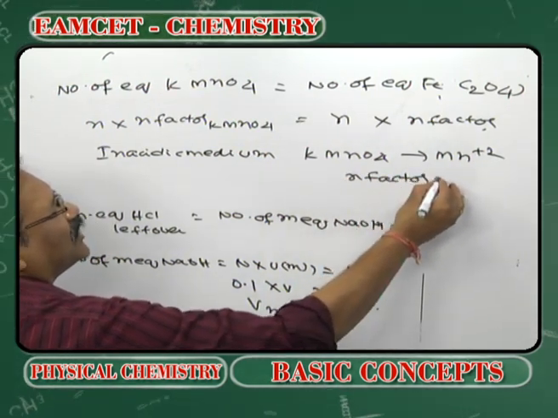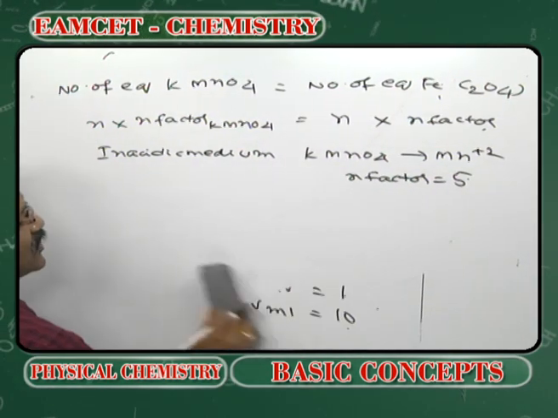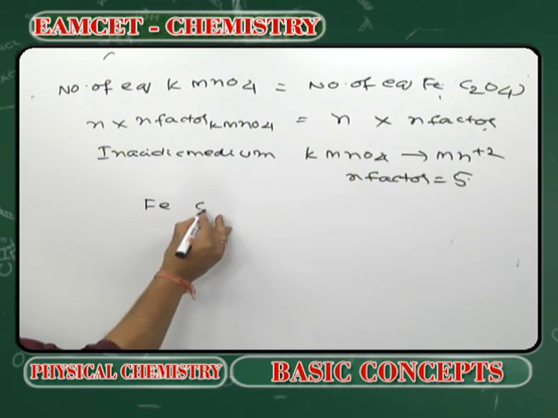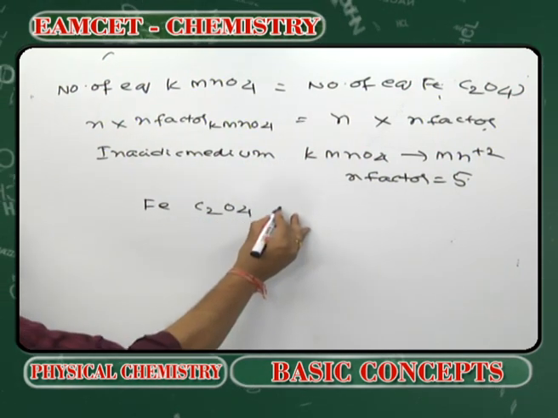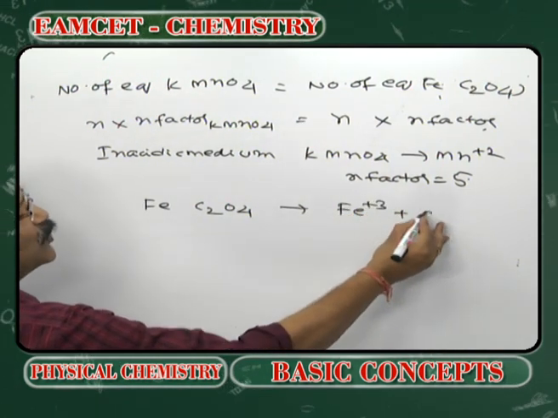For KMnO4, the n factor is equal to 5. But ferrous oxalate in acidic medium changes into Fe plus 3 plus CO2.